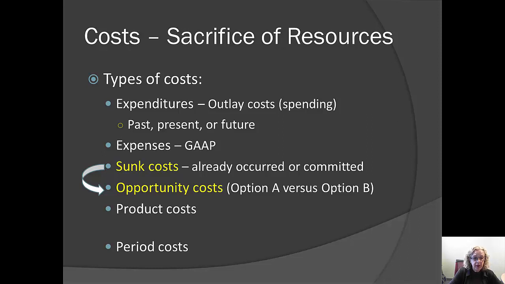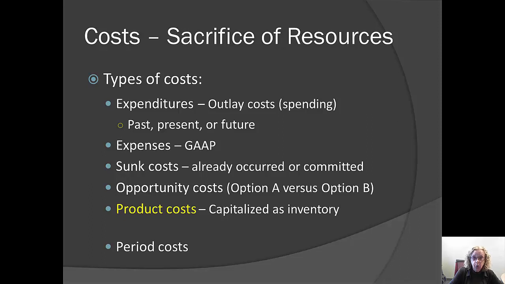Another way to think about costs is in terms of product costs or period costs. Product costs are the costs that we attach to the inventory that we sell. Because of that, GAAP requires us to capitalize those costs as inventory on the balance sheet.